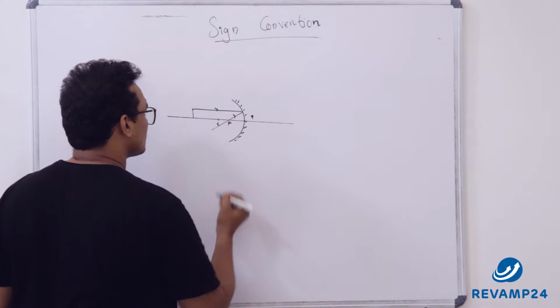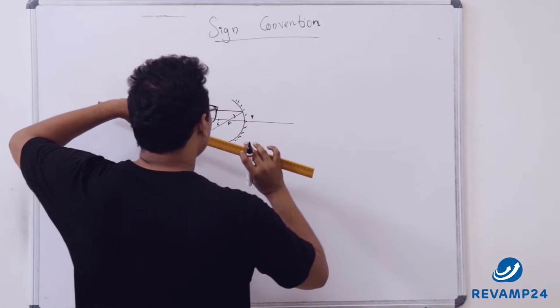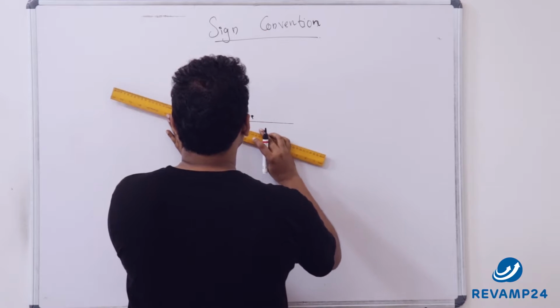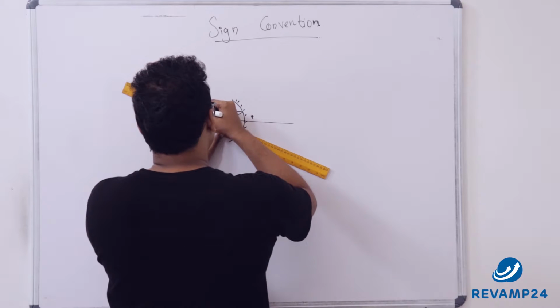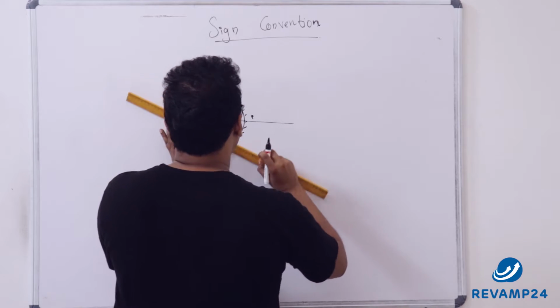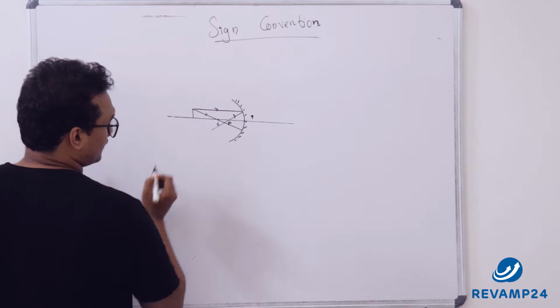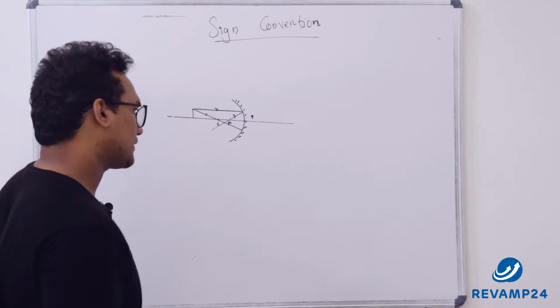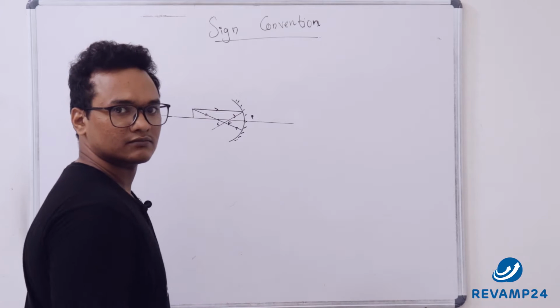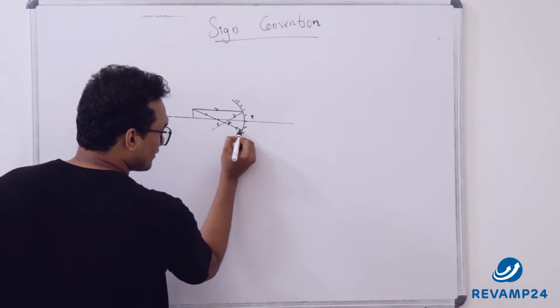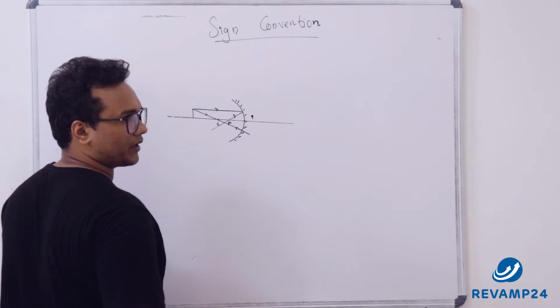Now any ray which is going through C, through the center of the curvature, after reflection would go in the same direction. Because see here, this would be the normal.